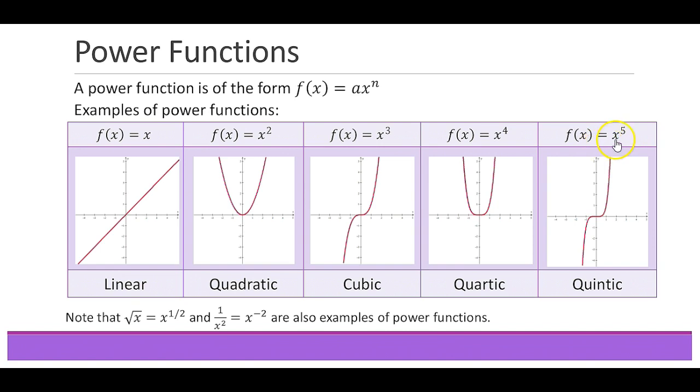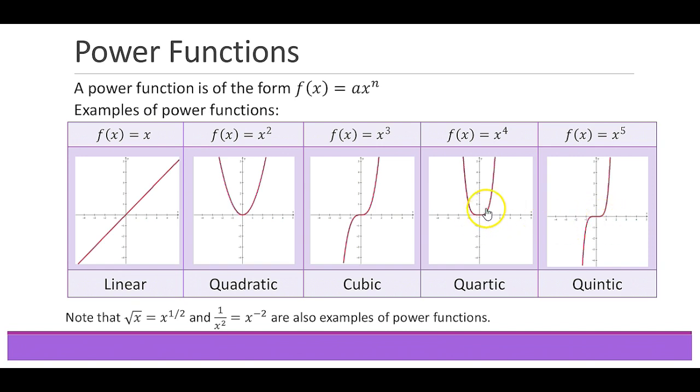And for the graph of x to the fifth, that's a quintic function, and it's pretty similar to a cubic, a degree 3, in that it passes through 1, 1 and negative 1, negative 1, because again, if we substitute those values into x to the fifth, those are the y values that will come out, just like x cubed. But it also is more flattened out between negative 1 and 1.